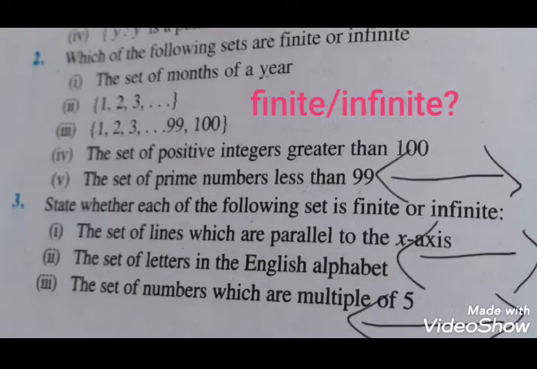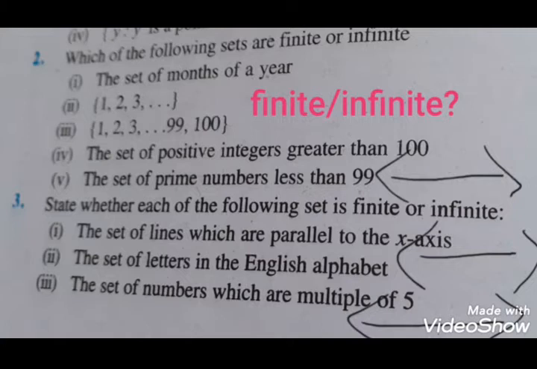Let us discuss the next question of exercise 1.2, that is, whether each given set is finite or infinite. We have to find out which given example is a finite set and which is an infinite set. The first: the set of months of a year.